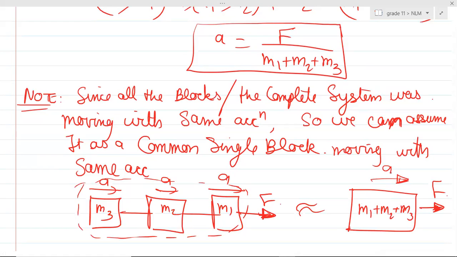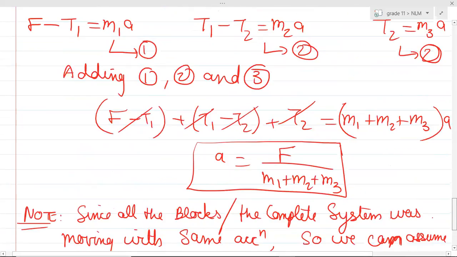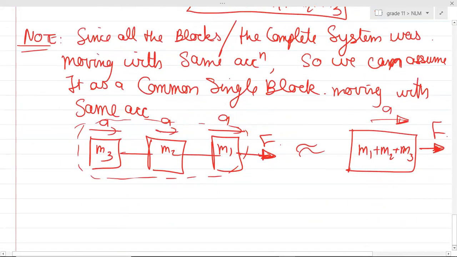So now you got the acceleration. Now what to do? After acceleration, we also have to find the tension. I told you to find out the tension in the strings. How will we find out the tension in the strings? We got the value of A, right? Do you remember from the third equation, T2 is equal to M3 into A?